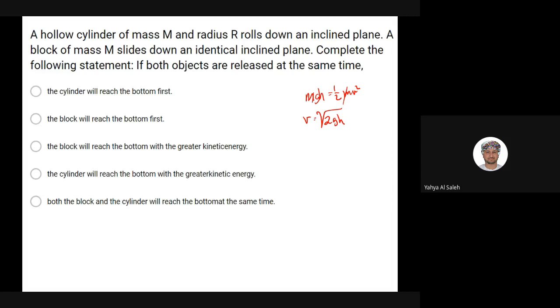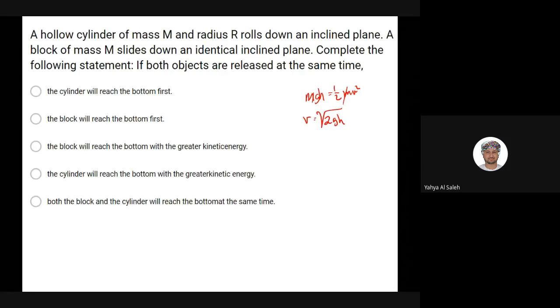Anything that rotates will have to share that potential energy between half mv squared and half I omega squared. So even with the least amount of half I omega squared, you would still be leeching off the half mv squared energy, which means the block will have higher velocity than the cylinder.